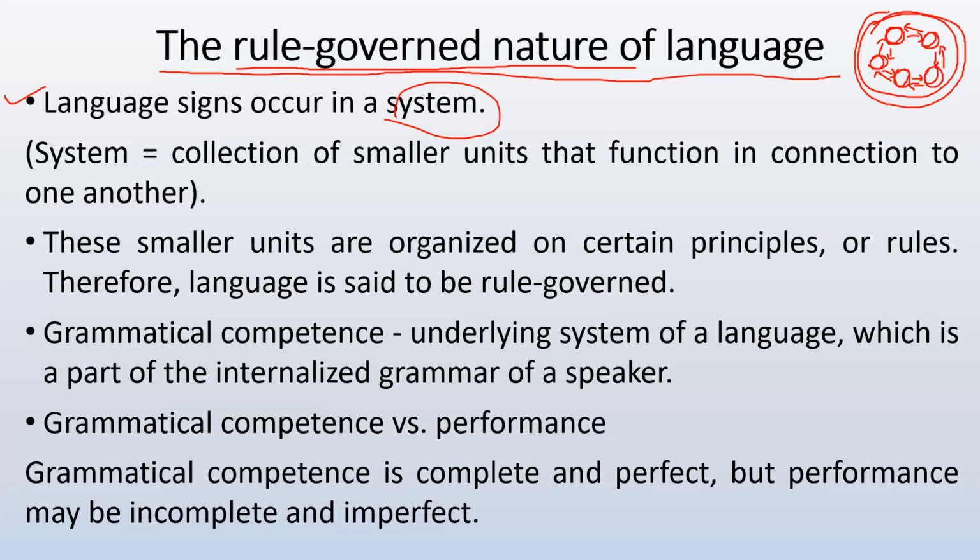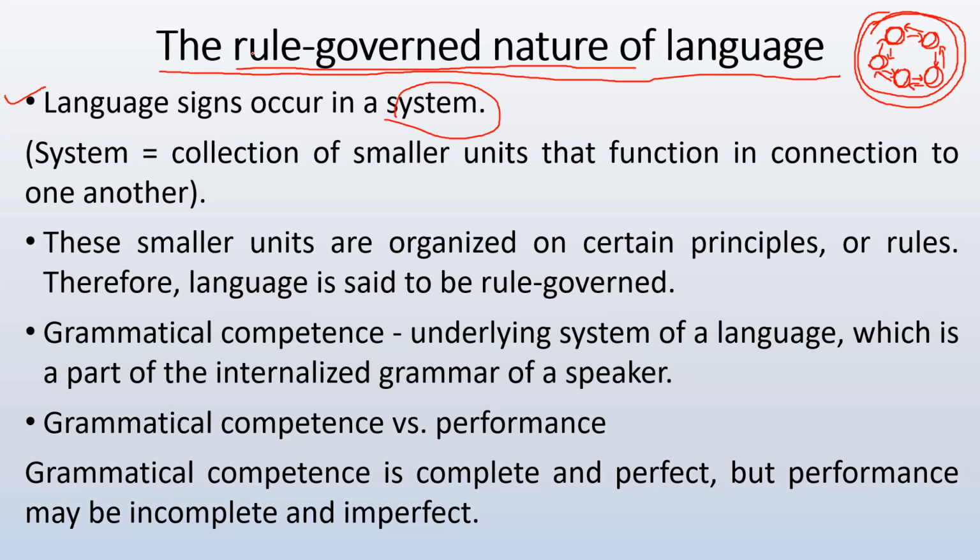They are related to one another because we can't talk about the word formation without talking about the combination of sounds. And we can't talk about the sentence formation without talking about the words. And nothing will be useful if there's no meaning. So you would understand all these 5 different levels, or the smaller units, are related to each other. Okay, connected to one another.